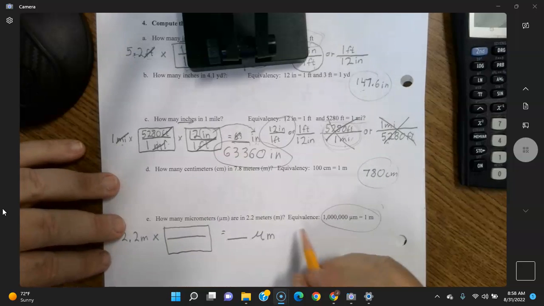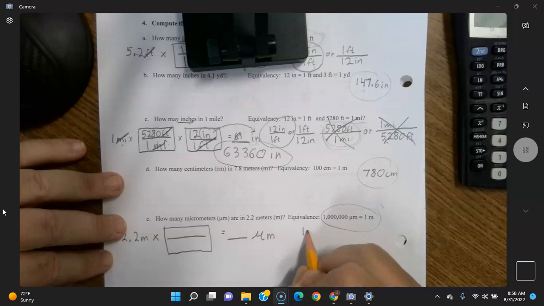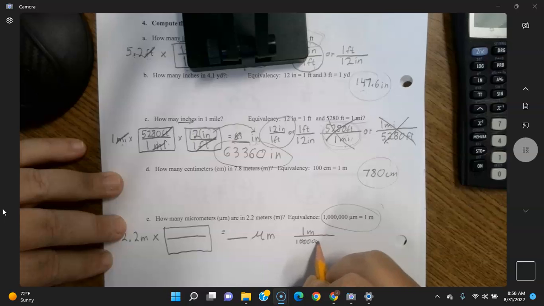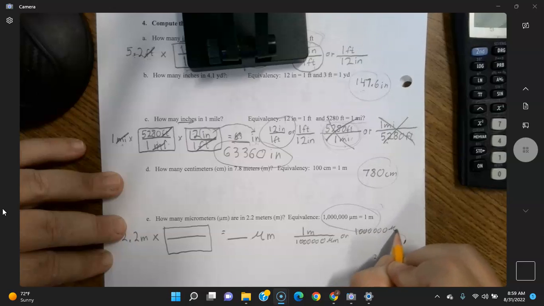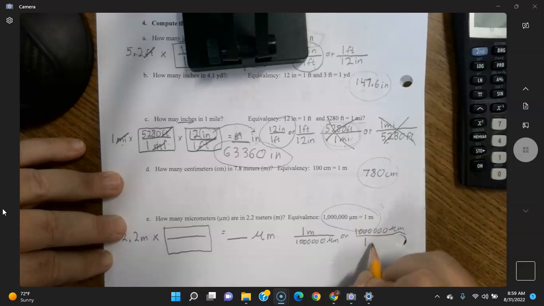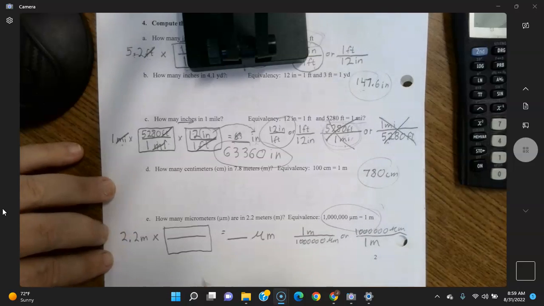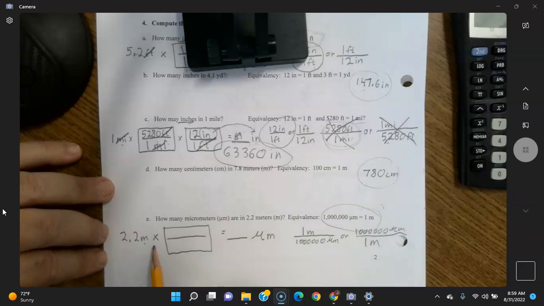Okay, so you can make two conversion factors. There's 1 meter for every 1,000,000 micrometers, or there's 1,000,000 micrometers for every 1 meter. So what do you need to cancel out here, and what do you need to appear on the top? You need meters to cancel out, so that has to be on the bottom right here. That's this one.